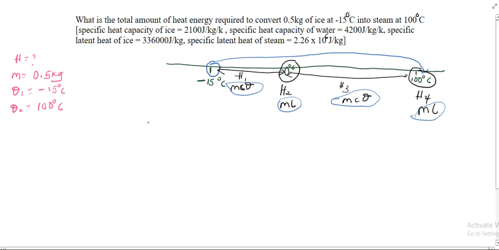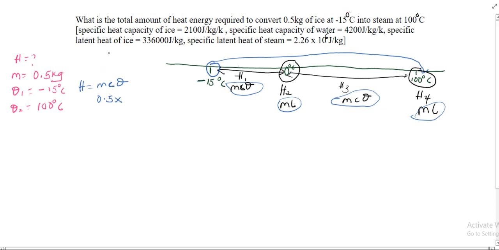Now let's solve. Let's start with our H1. Our H1 is equal to mc theta. Our mass is 0.5 multiplied by, now we are still in the solid state here, it's moved from -15 to 0. It is still ice, so the C we use here will be the C of ice. C stands for specific heat capacity.